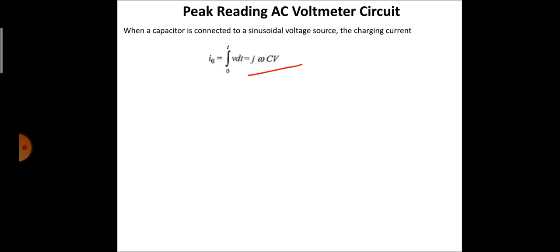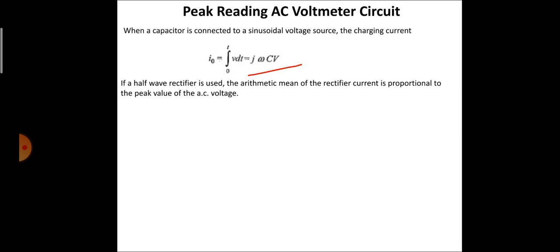Now if a half wave rectifier is used, the arithmetic mean of the rectifier current is proportional to the peak value of the AC voltage.